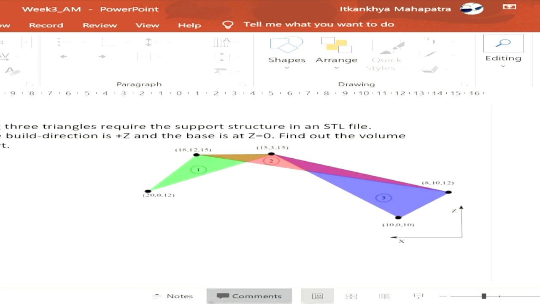So here in the question we have been given 3 triangles which require the support structure in STL file. Assume the build direction is plus z and the base is at z is equal to 0. Find out the volume of the support. Now we'll first understand where this is triangle number 1.